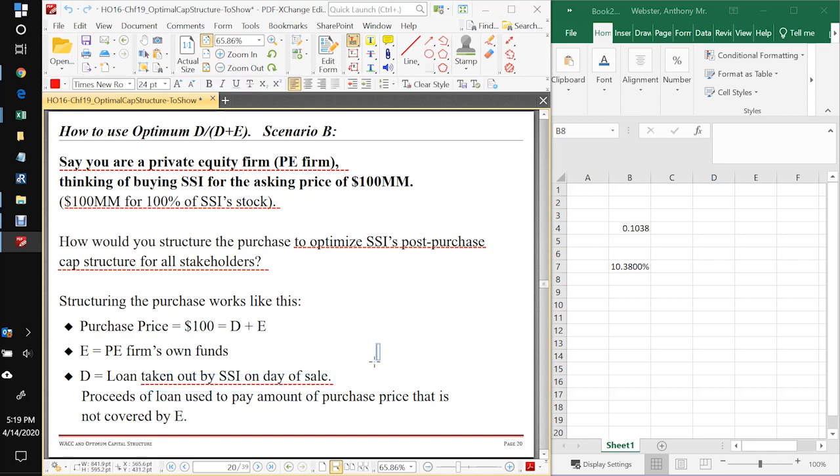So on the day of the sale, the company takes out the loan, and it's going to be for 40 million, right? And you put in 60 million of your own funds. You put all these funds into a wheelbarrow, and you take this wheelbarrow of 100 million over to the prior owners of the firm, and they get the wheelbarrow of $100 million, and you get all the shares of stock.